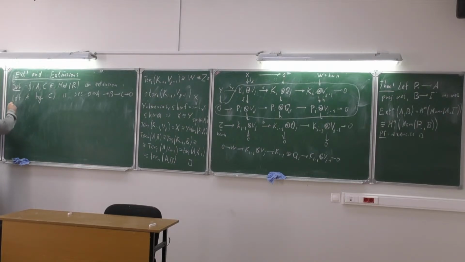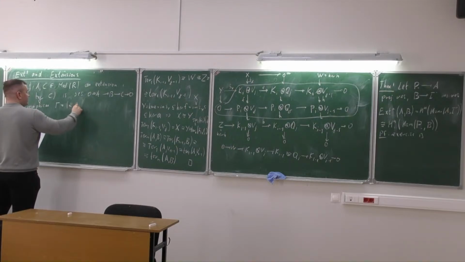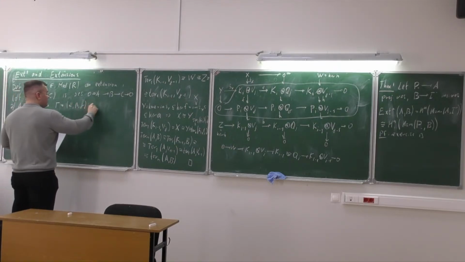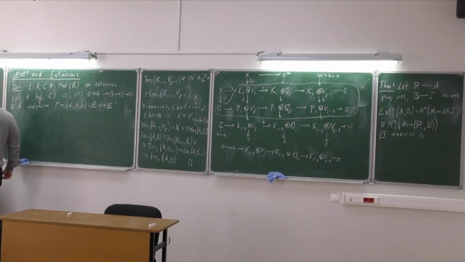Then there is a notion of the map of the extensions. So a morphism, let's call this gamma, is just a triple alpha, beta, gamma, from one extension to another extension. So this E and E prime are two extensions. And on the diagram, this just means that I have one extension and another extension with the primes.